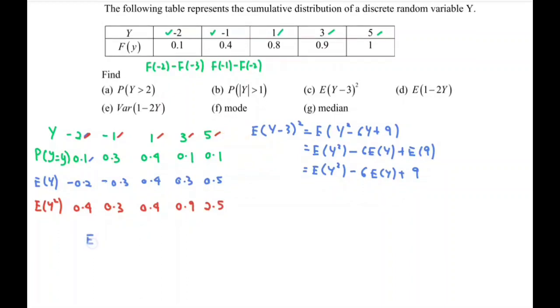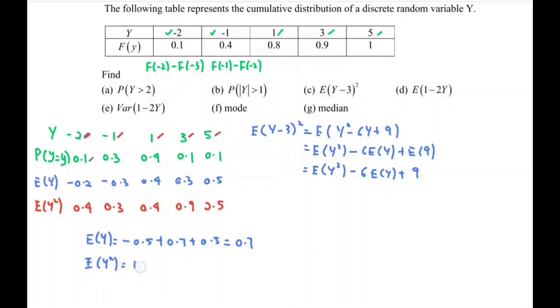Next, find E[y], meaning that we have to sum up the values. Then we will have 0.5 and then plus 0.7 plus 0.5. So E[y] will be equals to 0.7. Continue. E[y squared]. Again, we have to sum up the situation.